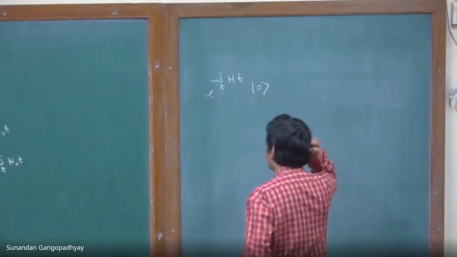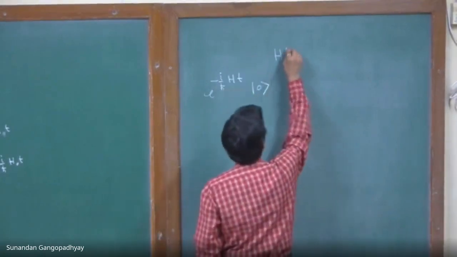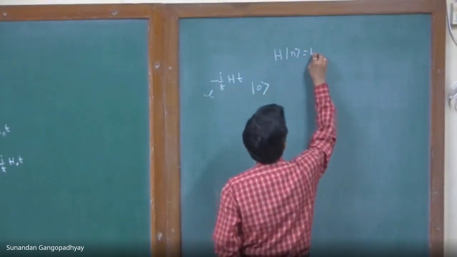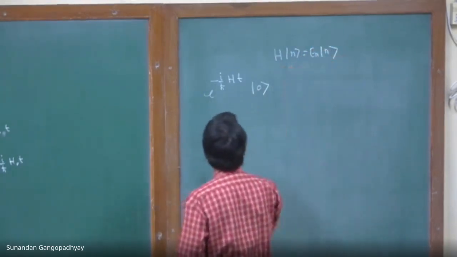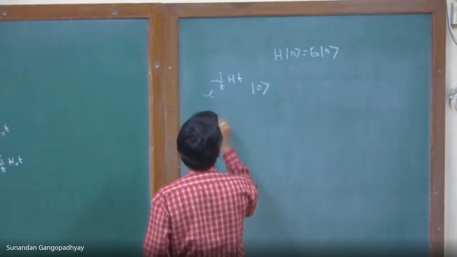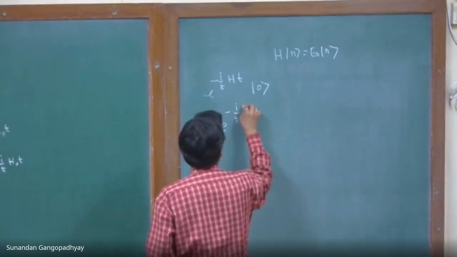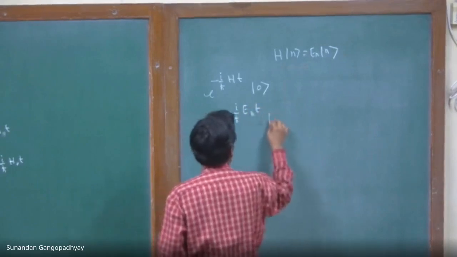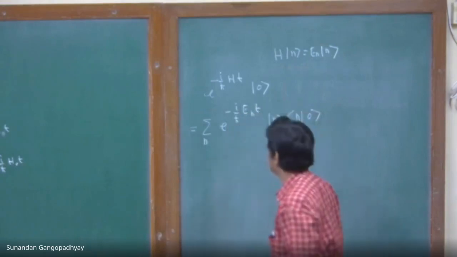We said that let n be eigenstates of this full Hamiltonian H. Then we introduced a complete set of states, and then this became this. Then we isolated the n equals 0 term.